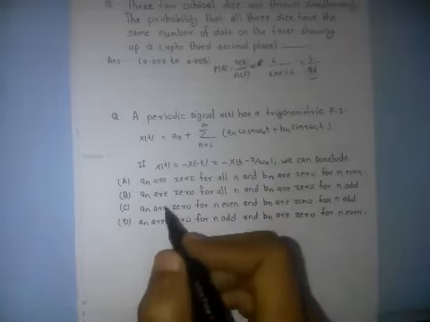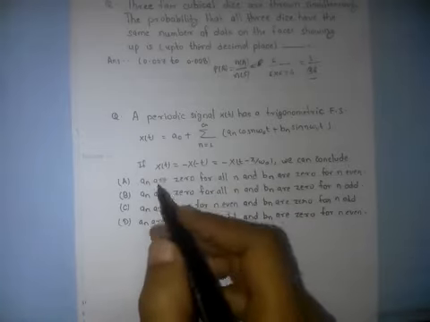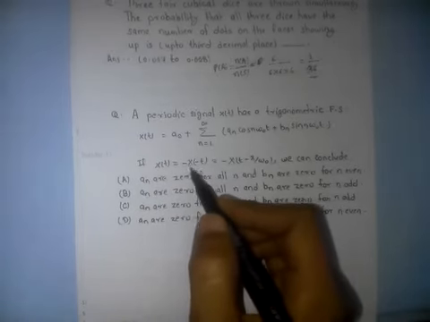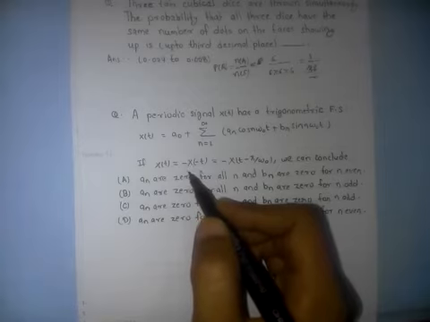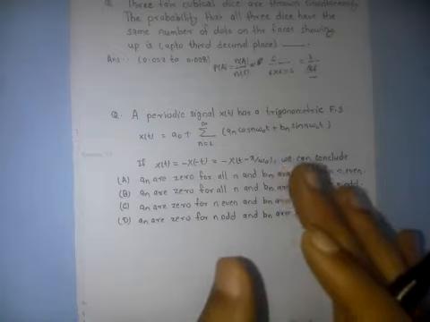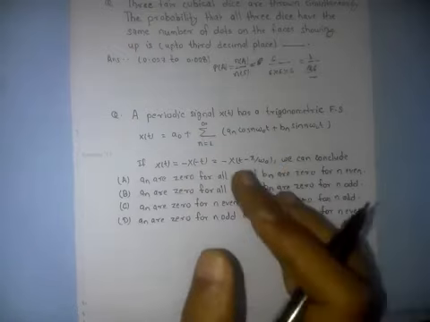Okay, so I can read all options. Because this is an odd signal, all a n will be 0 for all n.